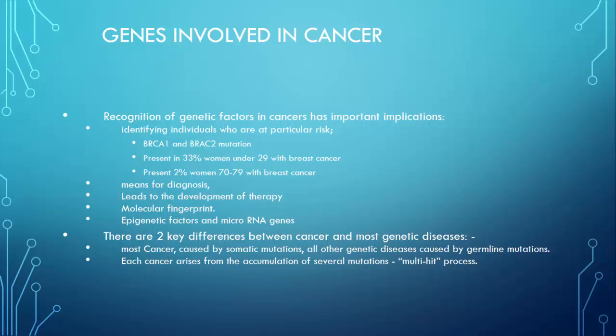But in addition to helping individuals identify if they're at risk, it's also important as a means of diagnosis, development of therapies, developing molecular fingerprints, and understanding epigenetic factors and microRNA genes that contribute to the progression of a cancer. And this is really important now, particularly when we're moving into the field of precision medicine.